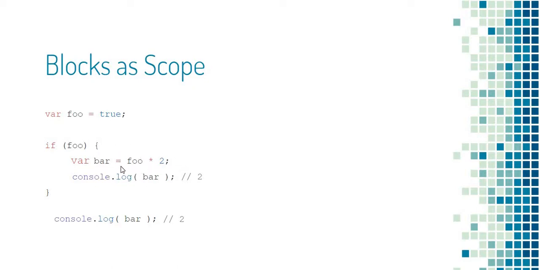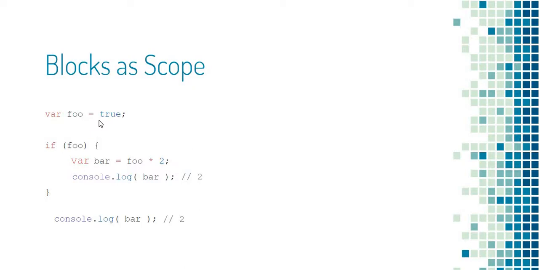Since the value of foo is true, which is a boolean value, it is coerced to a number when we perform a numerical operation, because in JavaScript, when a boolean value is operated with a number, the boolean value gets coerced to a number.